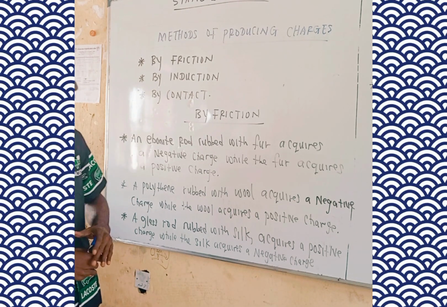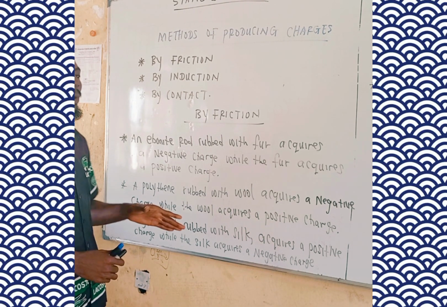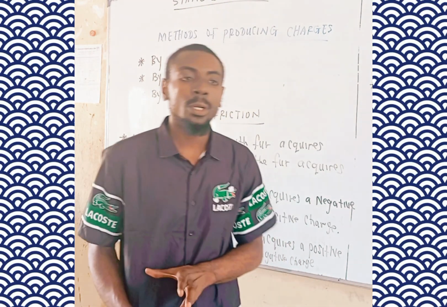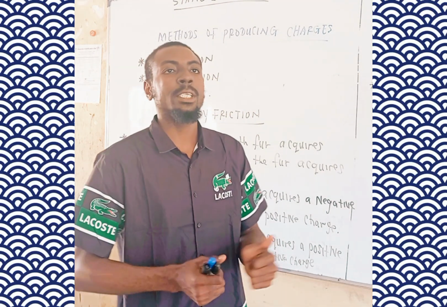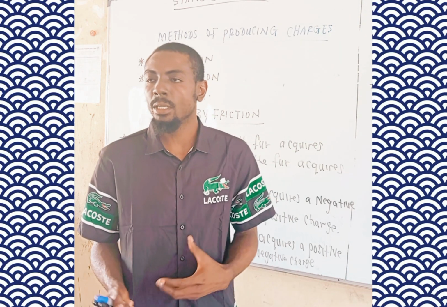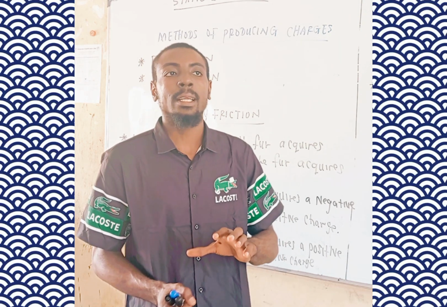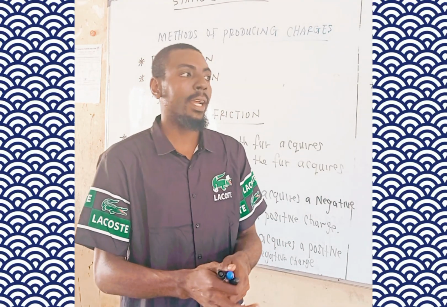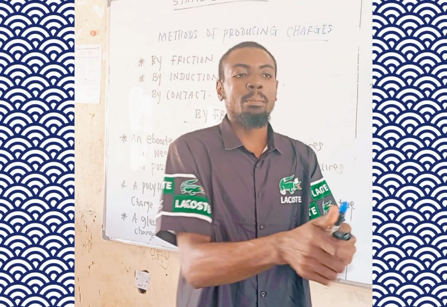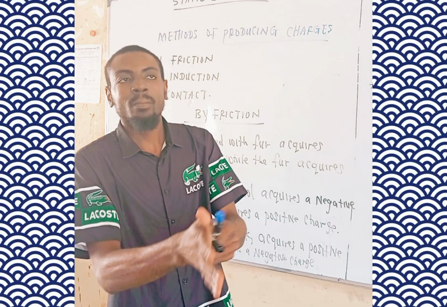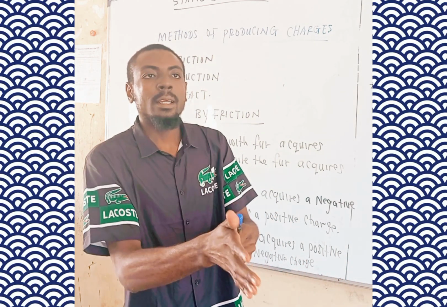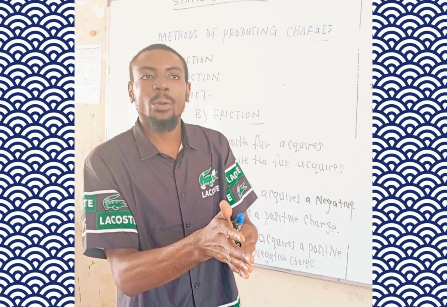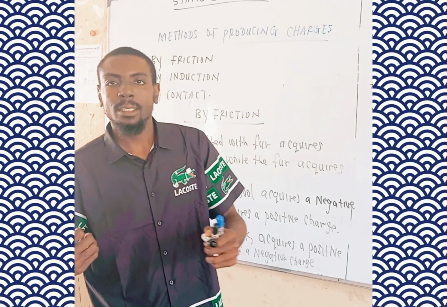In this case of glass rod with silk, we know what silk is. It's a cloth material, and a glass rod is a rod made of glass. Then you get this clothing material and rub it on the body of the glass rod. At the end of the day, electrons are transferred from the glass rod to the silk.